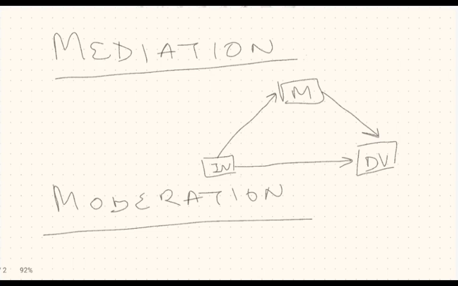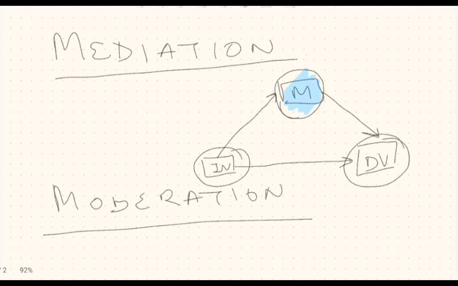This is known as the direct effect from independent variable to dependent variable. And when I see the indirect effect upon the dependent variable, it is transferred through this mediator. So what is a mediator? A mediator is basically a variable through which the effect of the independent variable transfers to the dependent variable.